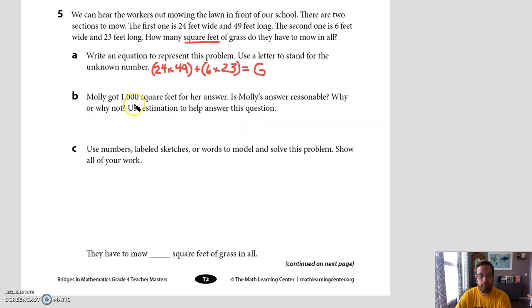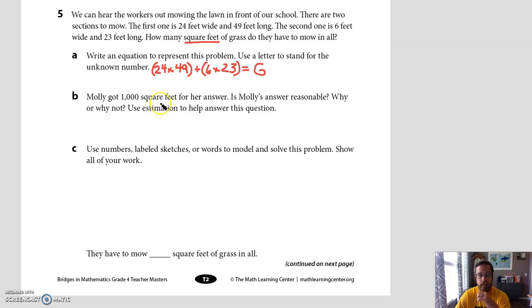So Molly got 1,000 square feet for her answer. Is it reasonable? You could do 25 times 50, or 20 times 50 plus that. 20 times 50 is going to get you 1,000 right there. So I'm going to say probably not, because she didn't even do the 6 by 23.